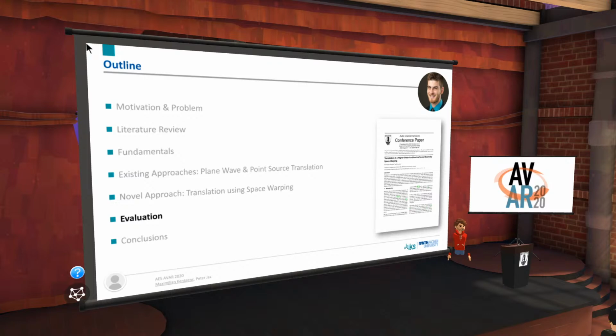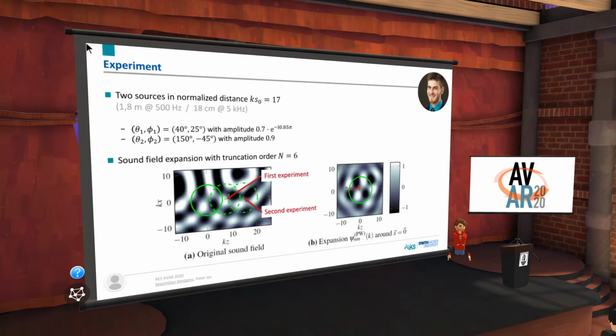And there we are already with the evaluation. We're doing a simple experiment where we have two sources at a normalized distance with k times S0 equal to 17, which means that, again, this is normalized: at 500 Hertz, the sources would be at 1.8 meter distance, and at 5 kilohertz, it would be 18 centimeters.